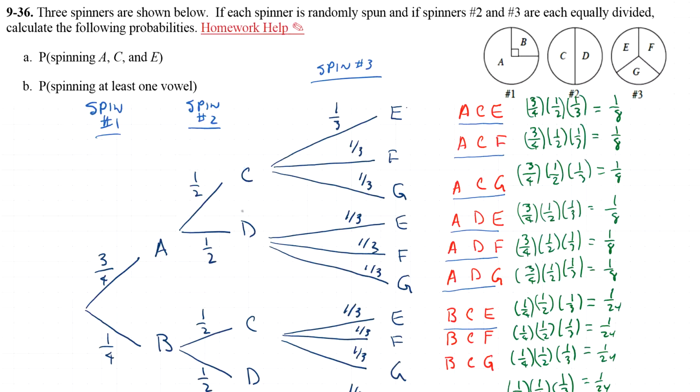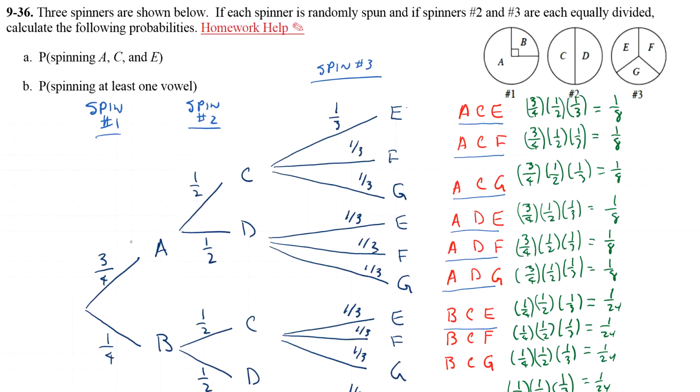We can get C or D, and it's 50% for each, so that's why it's 1/2 and 1/2. And then once we spin spinner 2, we go to spinner 3. What are our options? We have 3 options, E, F, and G, and they are all equally likely to happen.